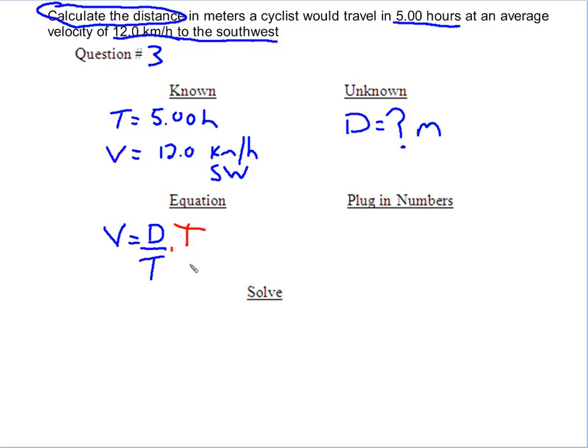So what I did was I multiplied both sides by t so that I can get distance by itself, because then the time cancels out on this side and we're left with a new equation of distance equals time times velocity.